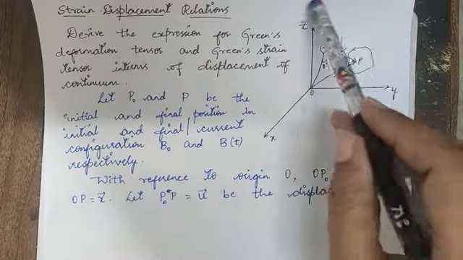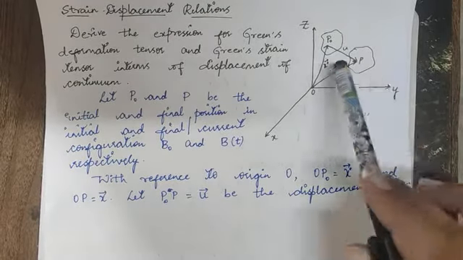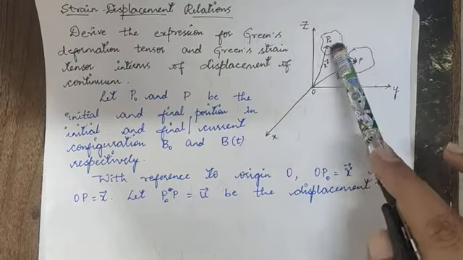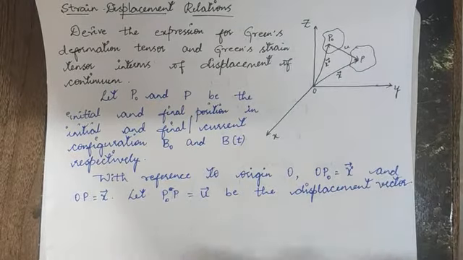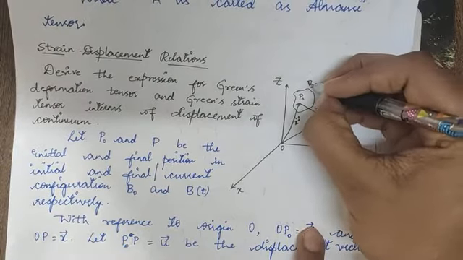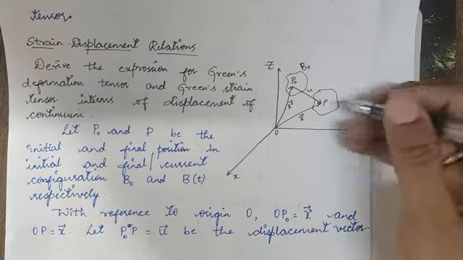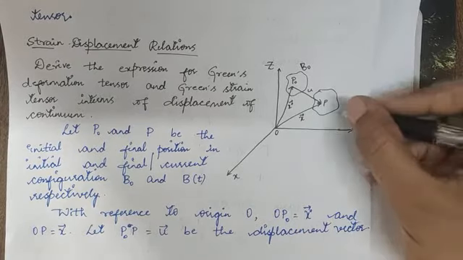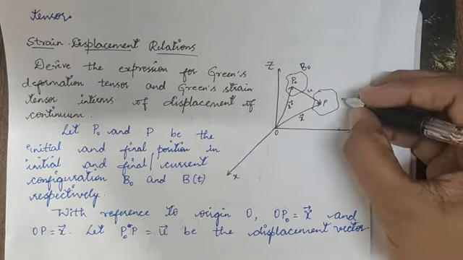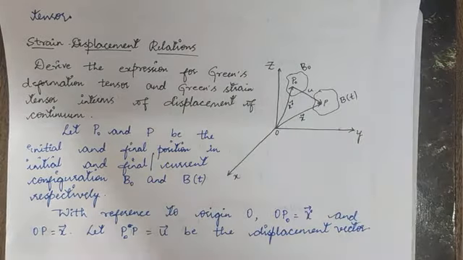So this is the diagram I have considered. Here P naught is the initial position in my initial configuration, say B naught, and P is the final position in the final configuration or current configuration, say B of t.